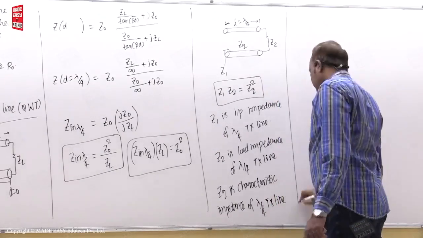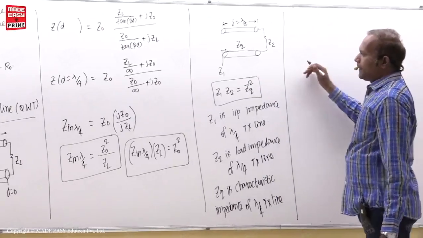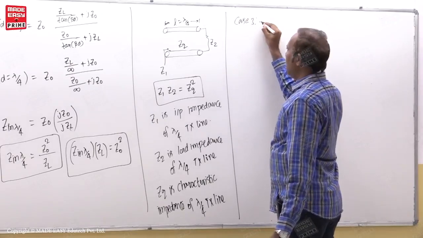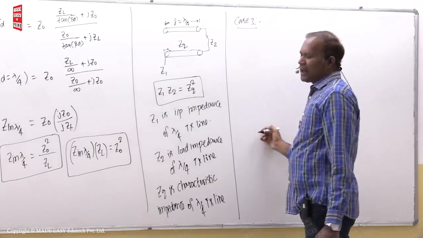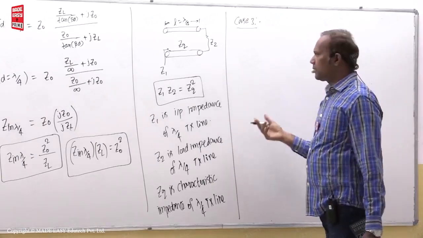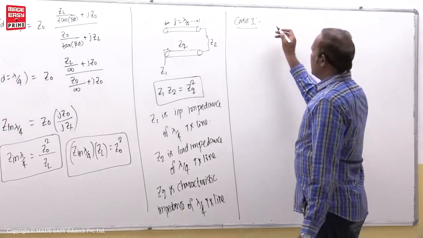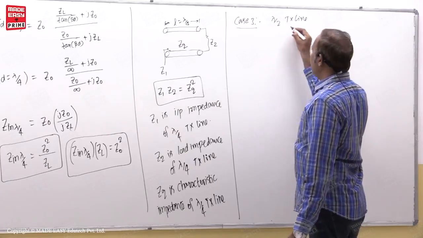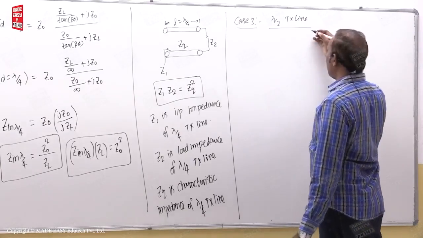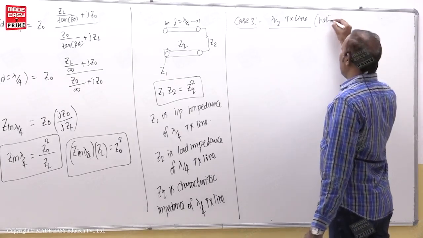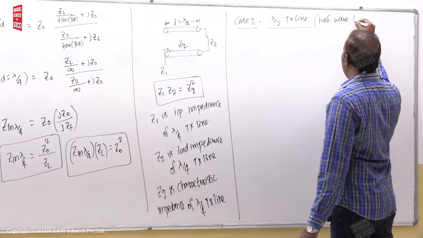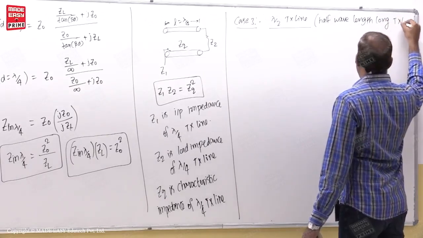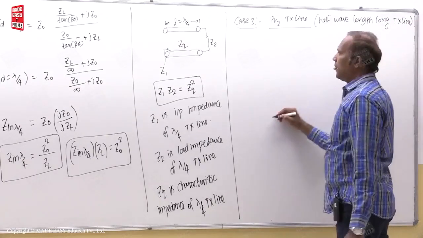Okay. Now case 3, this is also very important. We are going to get a very important observation. The Smith chart is drawn for lambda by 2 length. The reason we will see here. So this is a lambda by 2 transmission line, a half wavelength long transmission line.